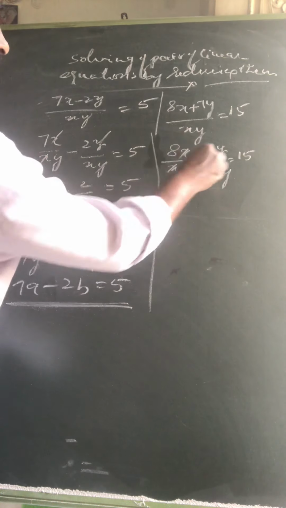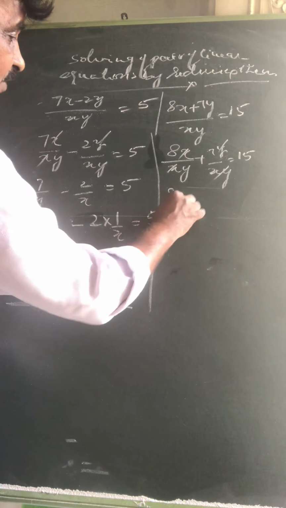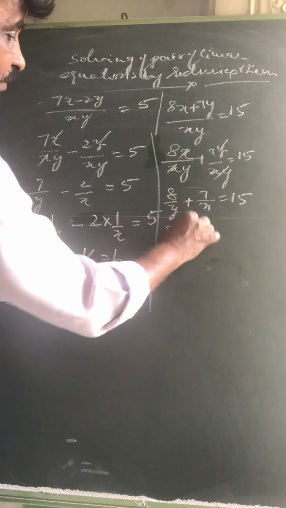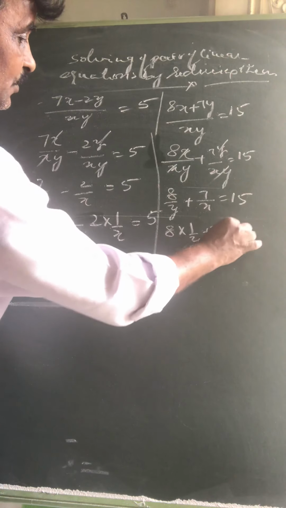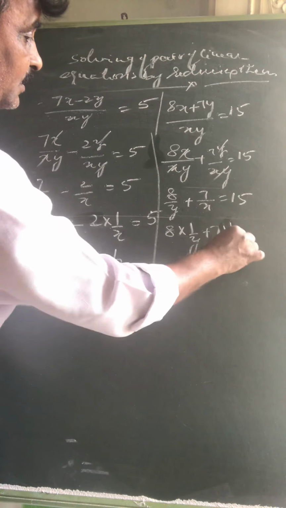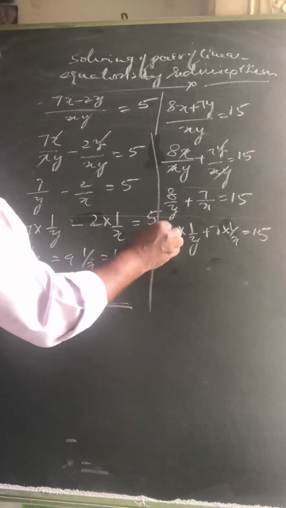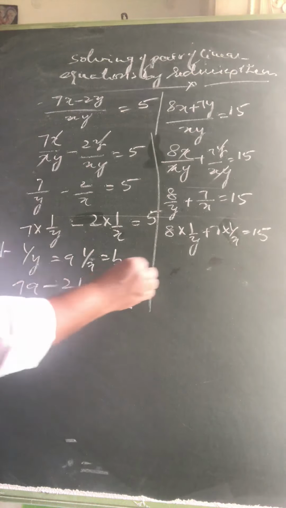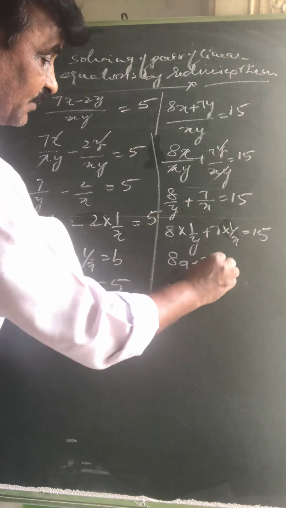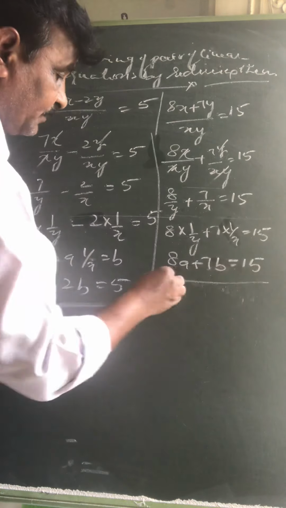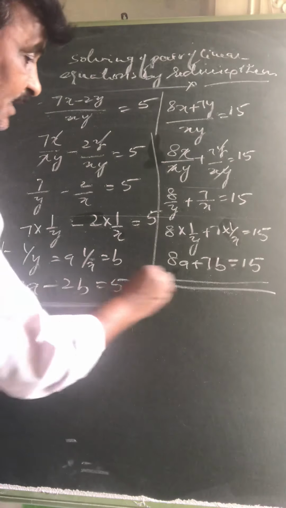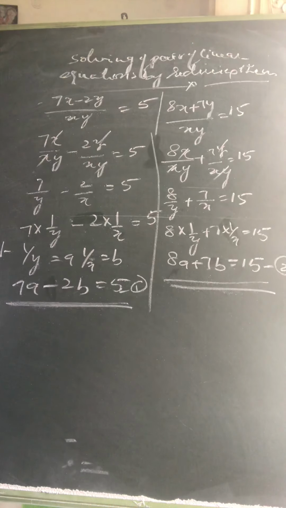Now x cancels, y cancels: 8 by y plus 7 by x is equal to 15. 8 into 1 by y plus 7 into 1 by x is equal to 15. 1 by y we have taken as a, so 8a plus 7b is equal to 15. So this is the first equation and this is the second equation. Now we have to solve both the equations.